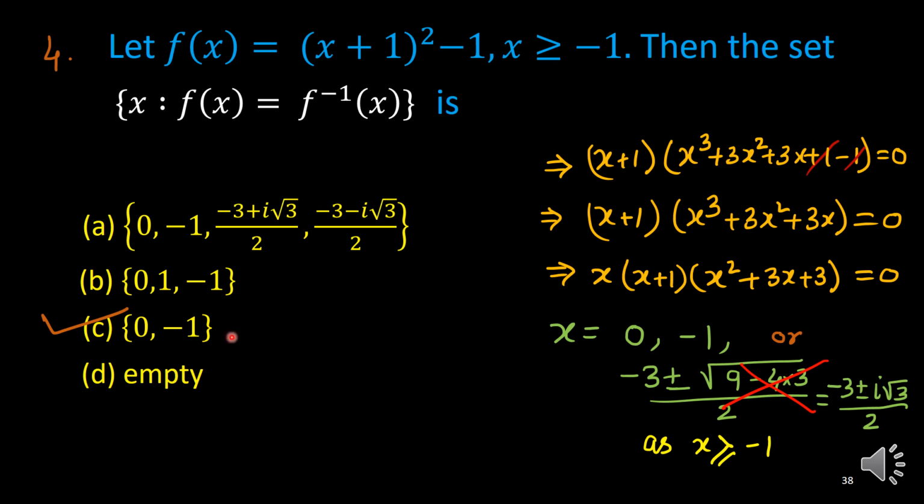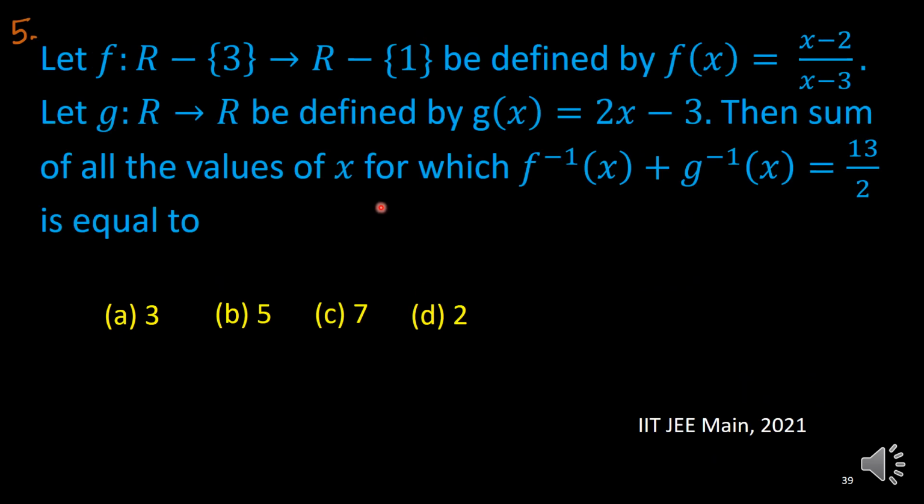Okay. Now a more difficult problem will be the next one. This is our 5th problem. So I have 2 functions. f has domain R minus 3, except 3, all the reals, and its range is all the reals except 1.